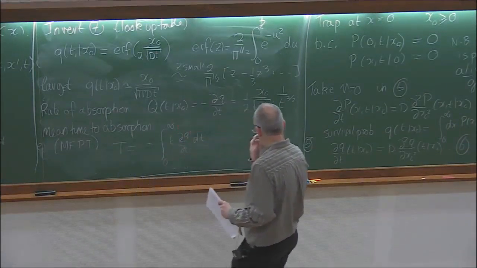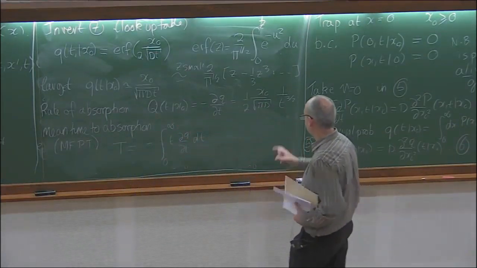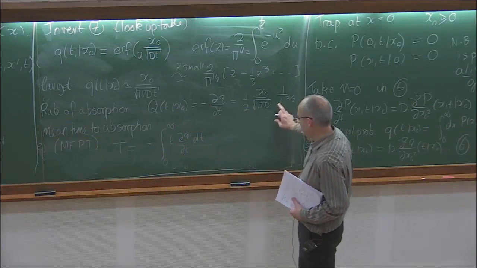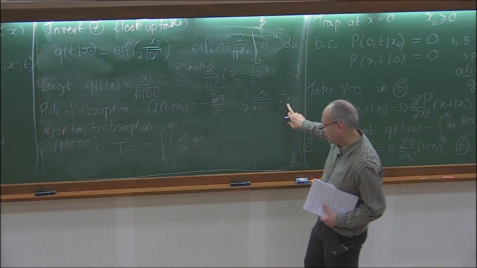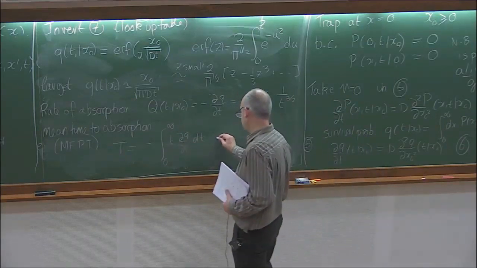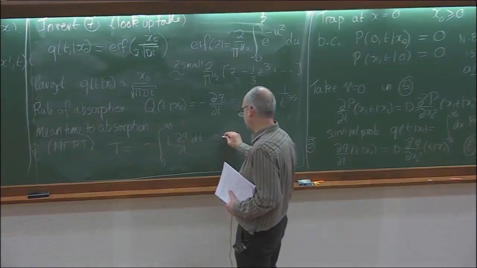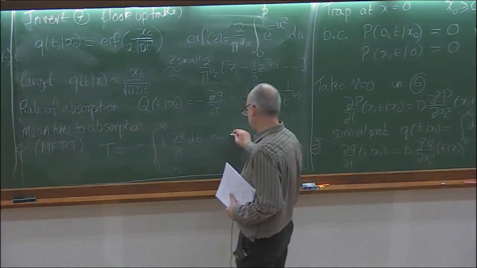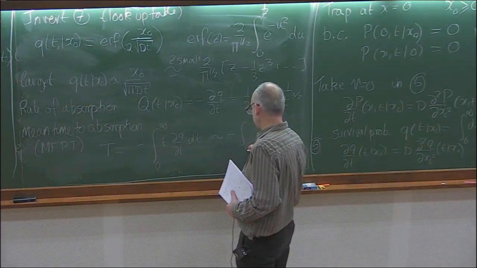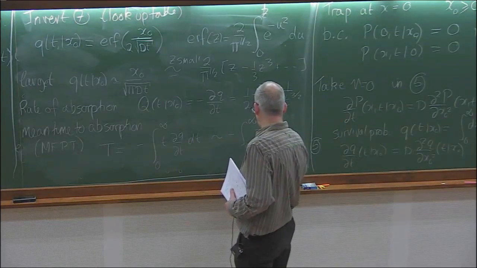So all I've got to do is calculate the integral. Here, dQ by dt is here, and I've got a t there. So it's going to go like some constant, then times minus integral from 0 to infinity, 1 over t to the half.